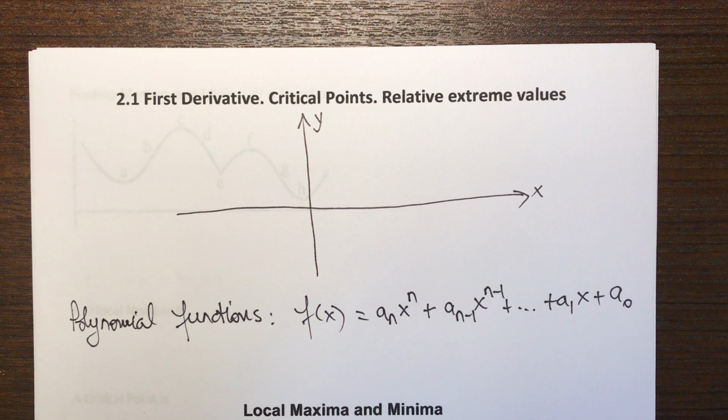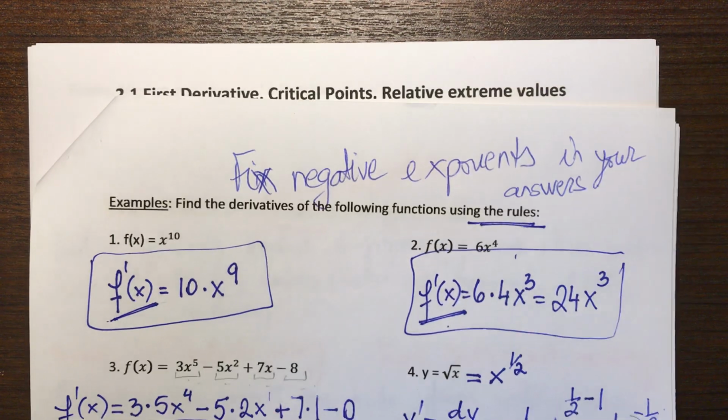So point is, we've taken plenty of derivatives of polynomial functions. I'm actually trying to look back really quick and give you one, just going to find it in 1 second, hold on. Here it is. We've done plenty of polynomial functions.